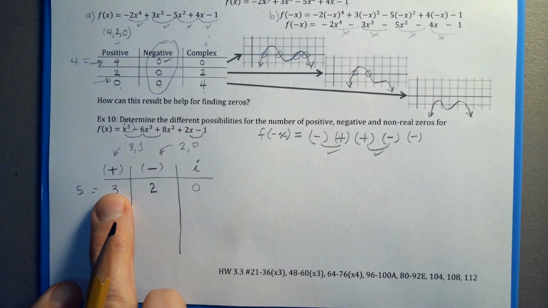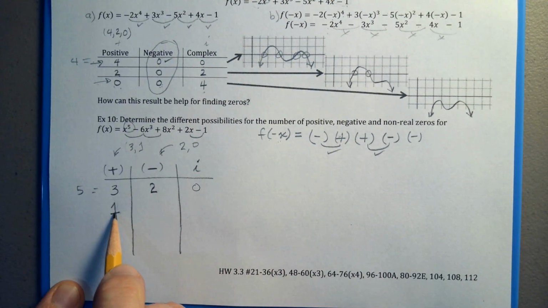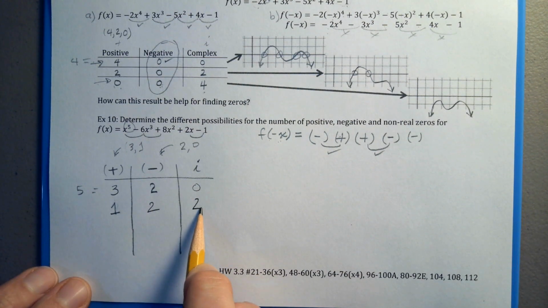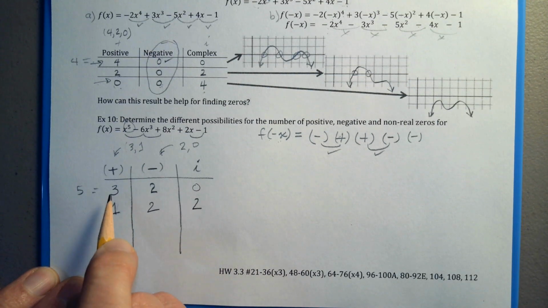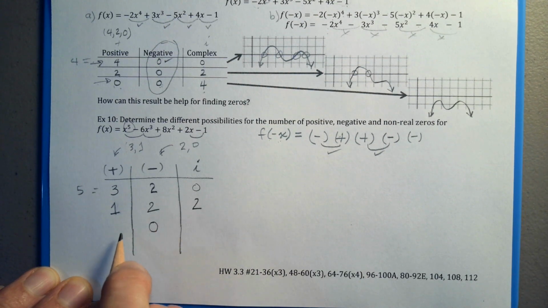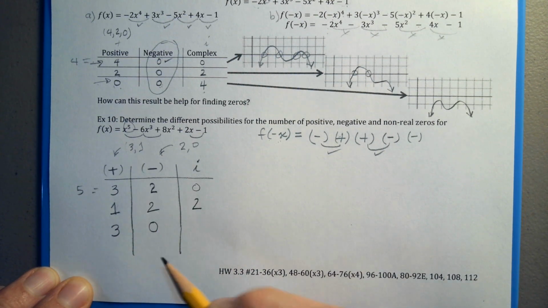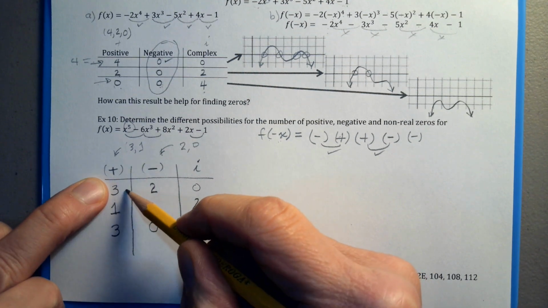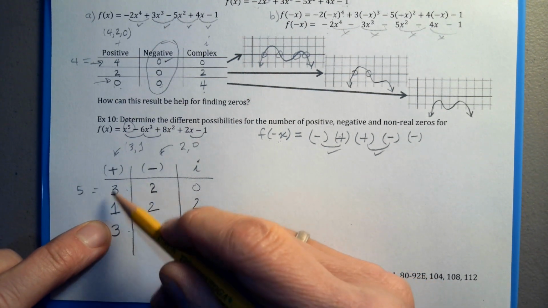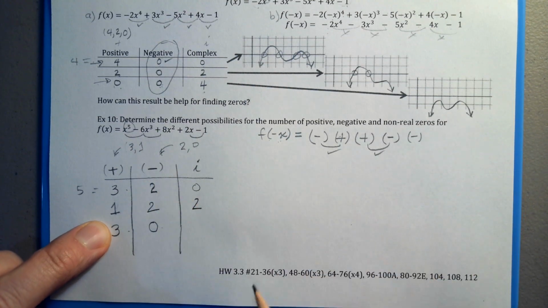So we did 3, 2. Let's do 1, 2. Then what number would go here? That would have to be a 2. All right, so that's all of the possibilities with a 2 in this column. Now, what about if we went down to a 0? We could have 3, and again, I'm just saying that's another possibility. We started with 3, we're staying with 3, but instead of decreasing the positive, let's decrease the negative.